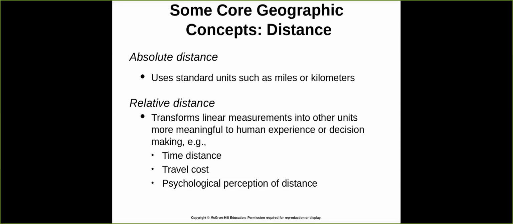So it might seem like it took you 30 minutes or so to get from one place to another, but on the way back, it seems like it's only taking 10 minutes, even though the time is probably almost exactly the same.